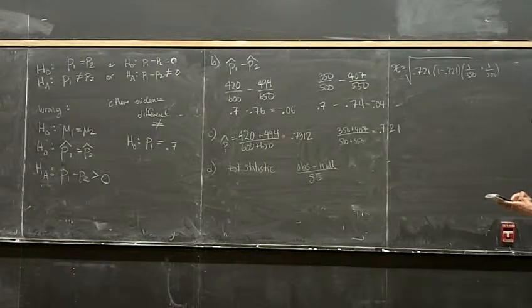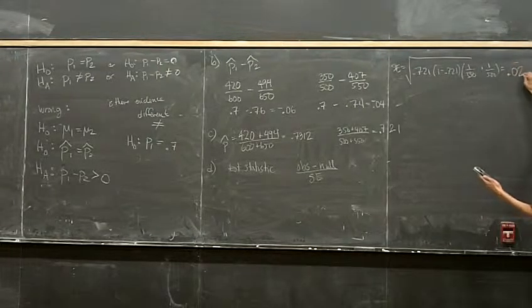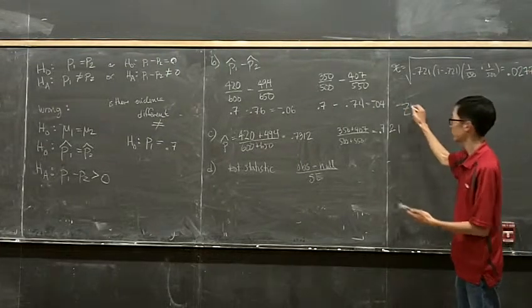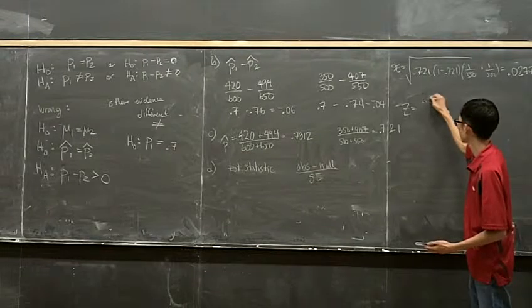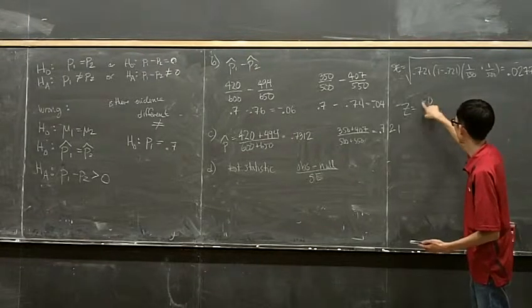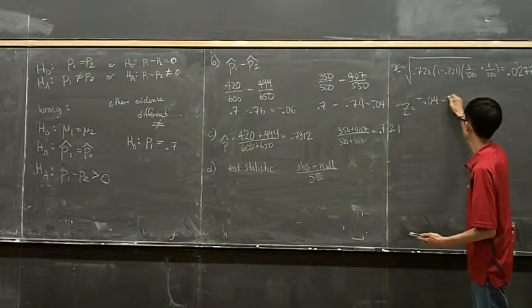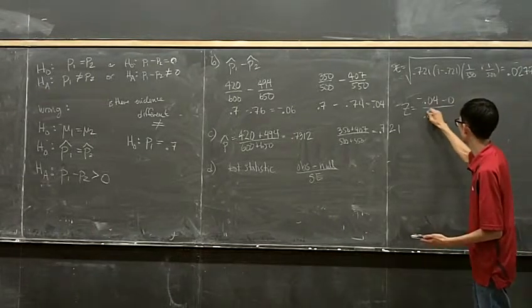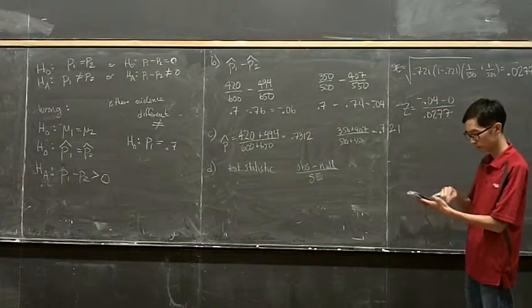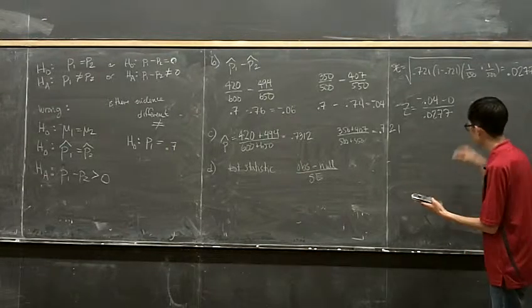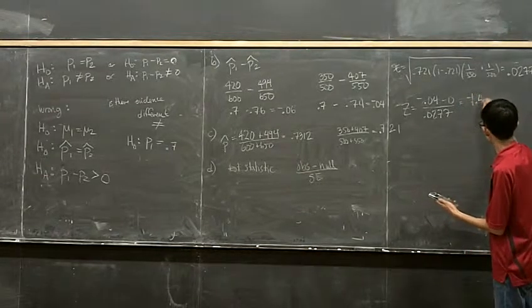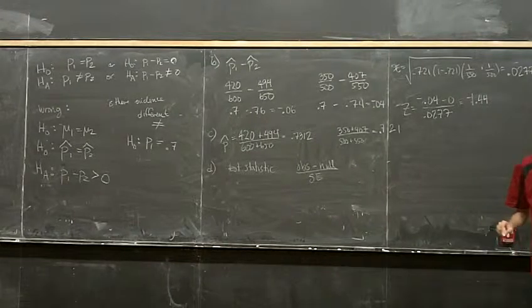Okay, so I get 0.0277. Alright, so my z-score is I take my observed difference, negative 0.04, divide by my standard error, and I get negative 1.44.